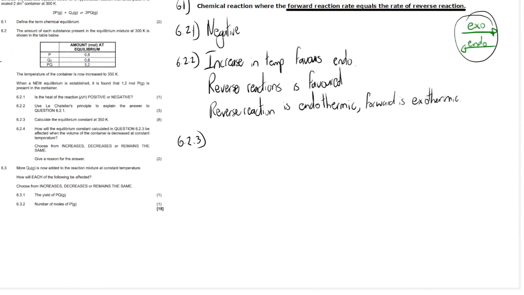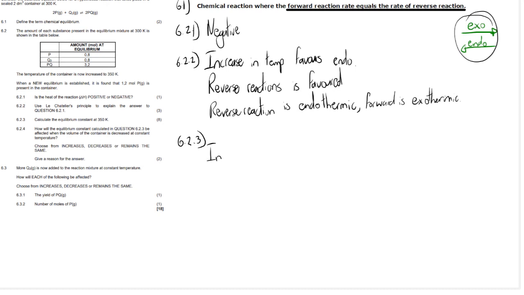All right, so let's have a look. We have an ice table and we're going to set it up. We've got some initial moles. I'm going to be working in moles because they do give all the values here already in moles. And so we've got our ice table.